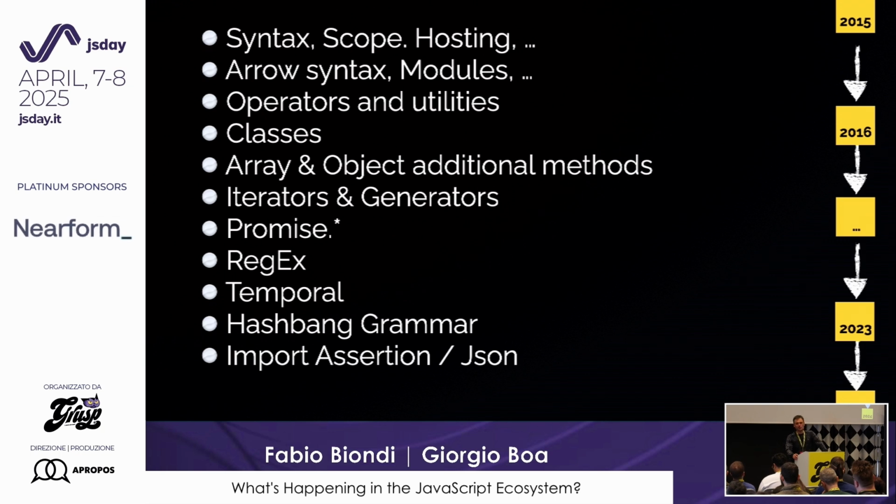I don't think we need to say how convenient it is now to use imports and modules. So every year we have a lot of utilities and tools to improve arrays, objects, promises, regular expressions, and so on.